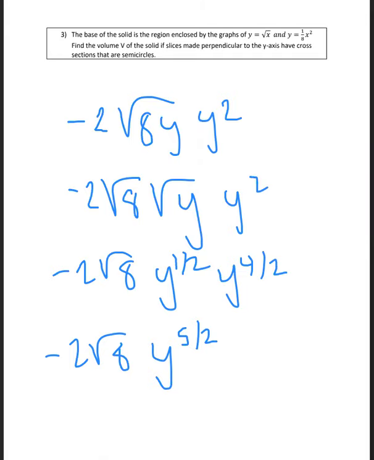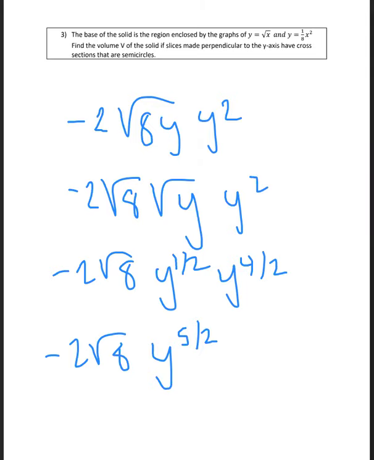And yeah, you could leave it as negative 2 radical 8, but I like to keep things in lowest radical terms, and you'll notice that the answer is in lowest radical terms. So you definitely want to deal with lower radicals.